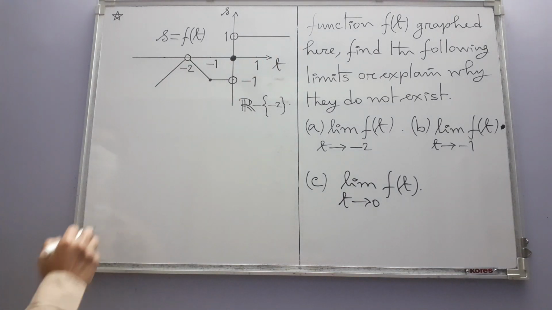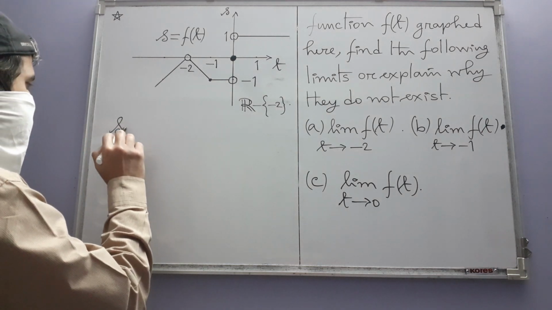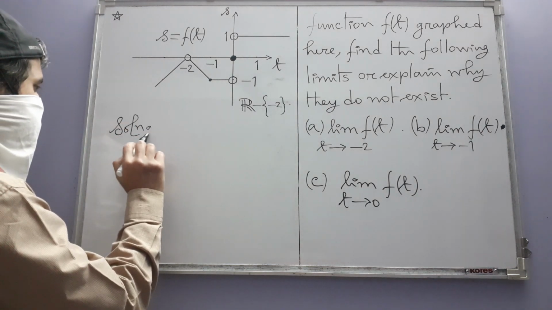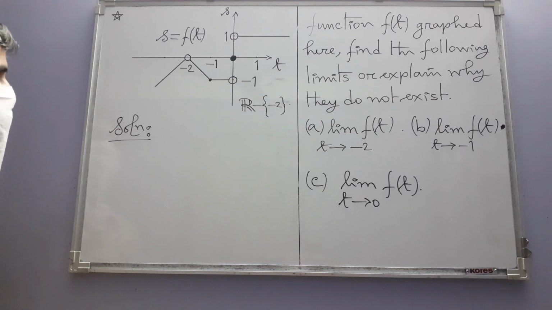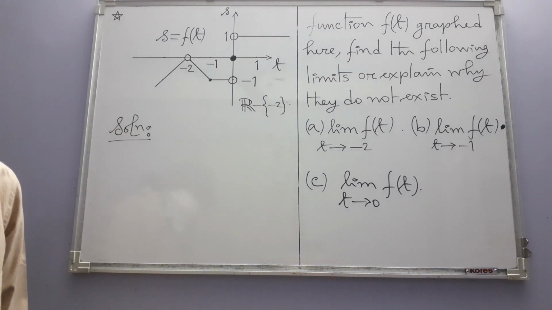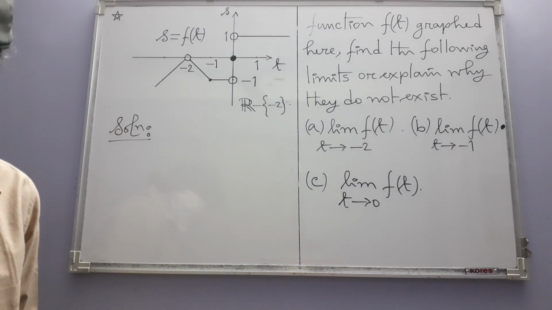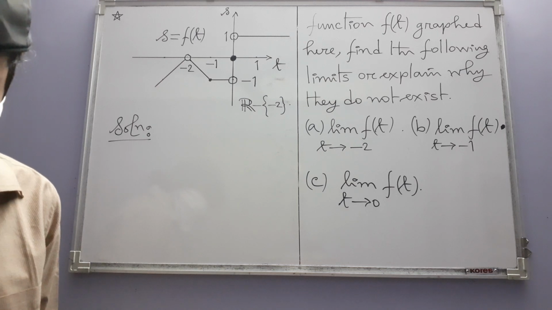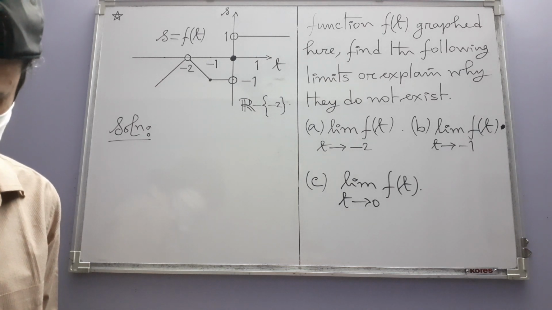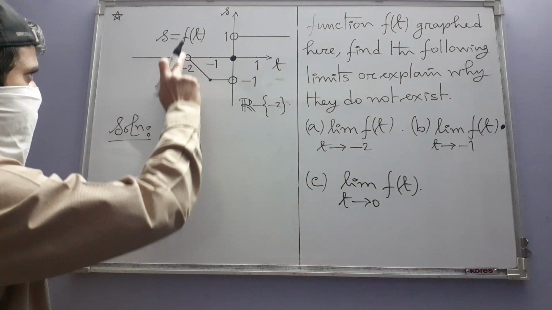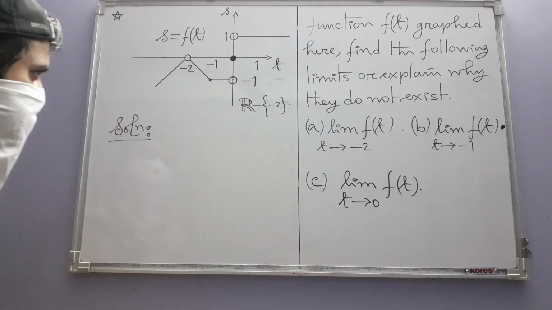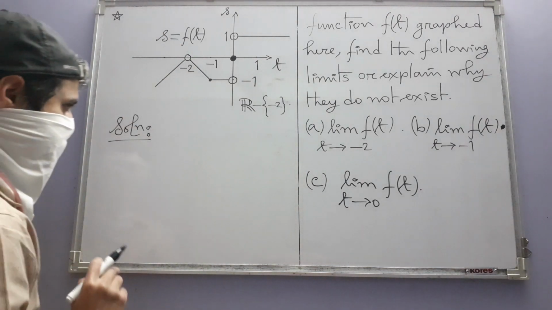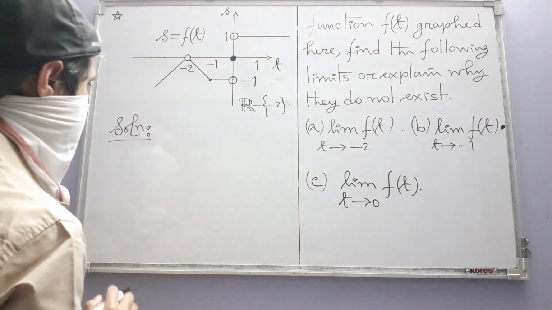So let us now see the solution. I hope I have not made any mistake in copying this from the text, but I think there is no output at -2. Okay, so anyway, let's now see the solution.